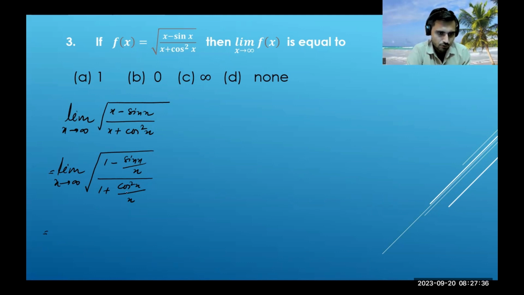And again here cos square x, cos of infinity will also give a value between minus 1 and 1. So again it will be 1 upon x, and we put limit x tends to infinity, so it will become 0, right?